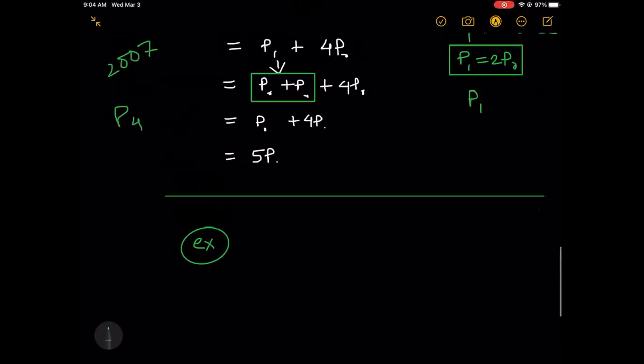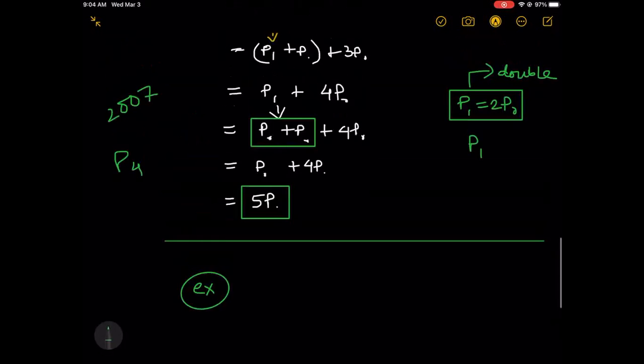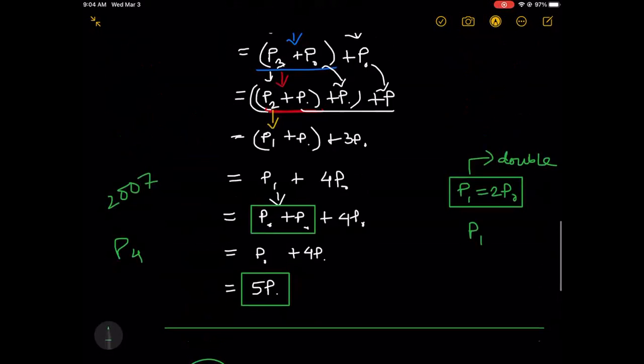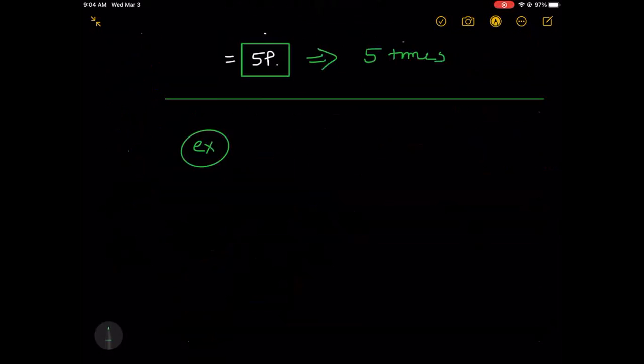Otherwise, this doesn't really make sense, because if we keep going like this, it's literally saying that the population is getting 5 times more in 5 years, which is definitely not true. So you can use the recursive form once you know the population of previous years. So simply it looks like example 2.